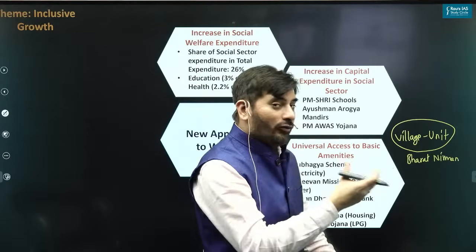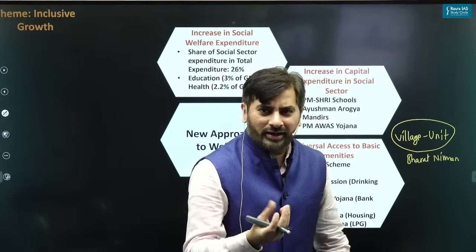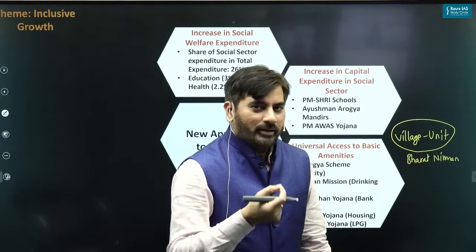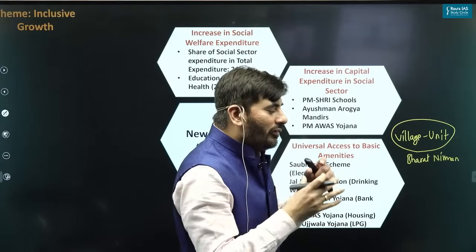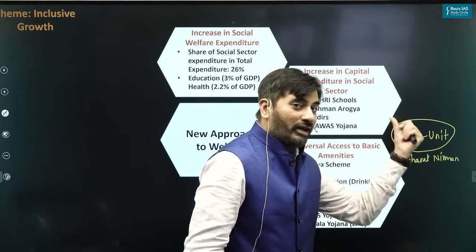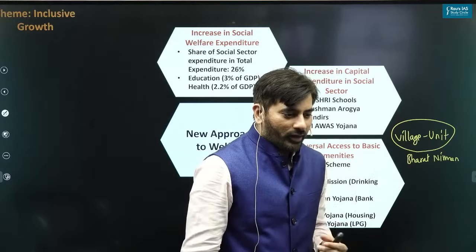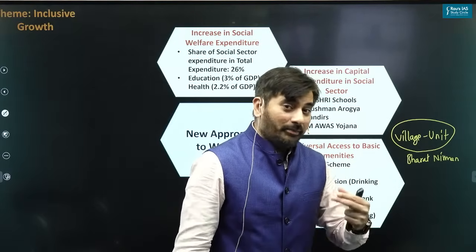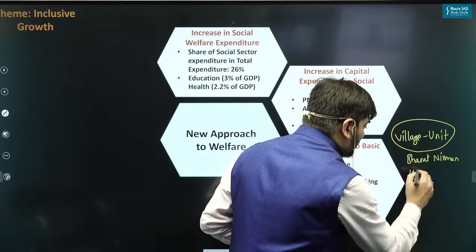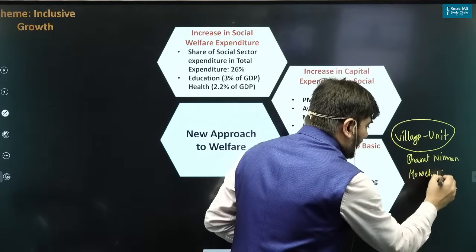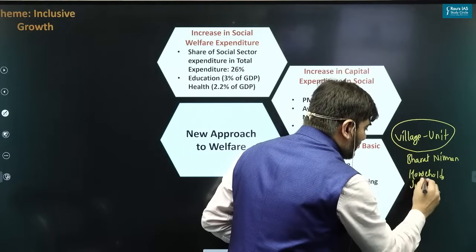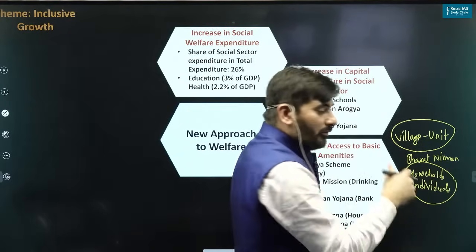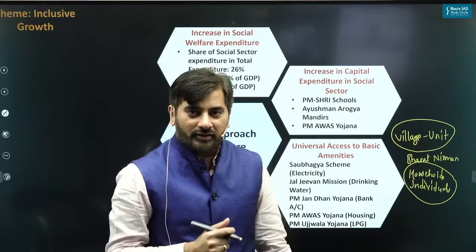This was our focus, which obviously is very good. There's no doubt about it. But there's a problem here. The problem here is when we focus upon the entire village as a unit, don't you think within a particular village there might be certain households, there might be certain individuals who may be left out from these welfare services?